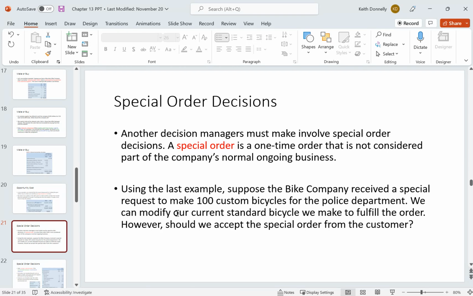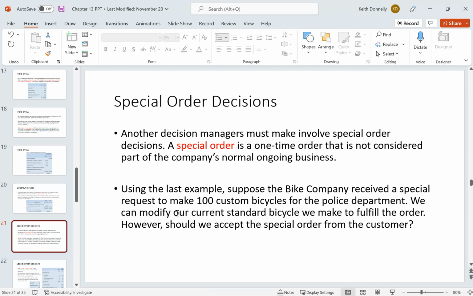Okay, so sticking with this bike company, let's assume that it has a set of 5 standard bicycles they make, like a small, a medium, a large bicycle, one for a boy, one for a girl, etc. Whatever the case is, they have a standard set.